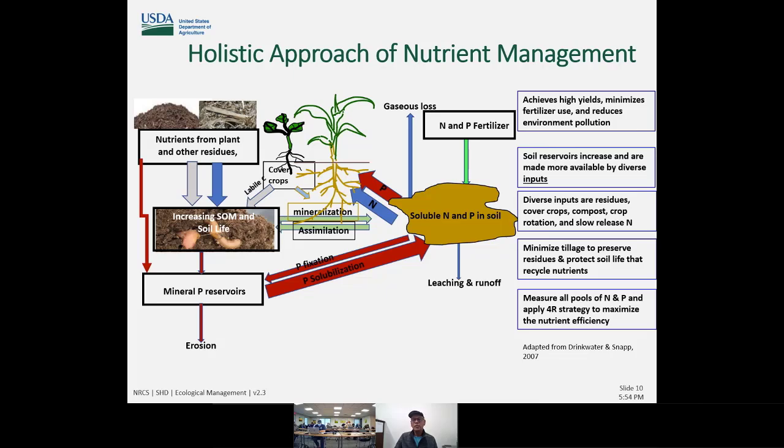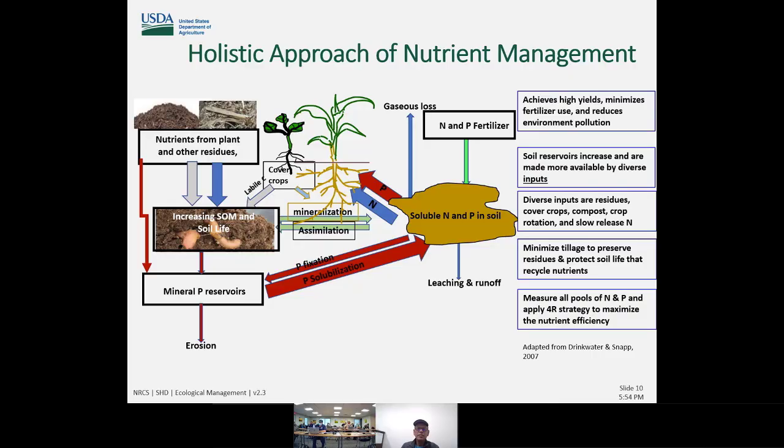So in this case, we saw reservoirs increase and become more available by using diverse nutrient systems. In this case, we are using different forms of nutrients, not only chemical fertilizer.